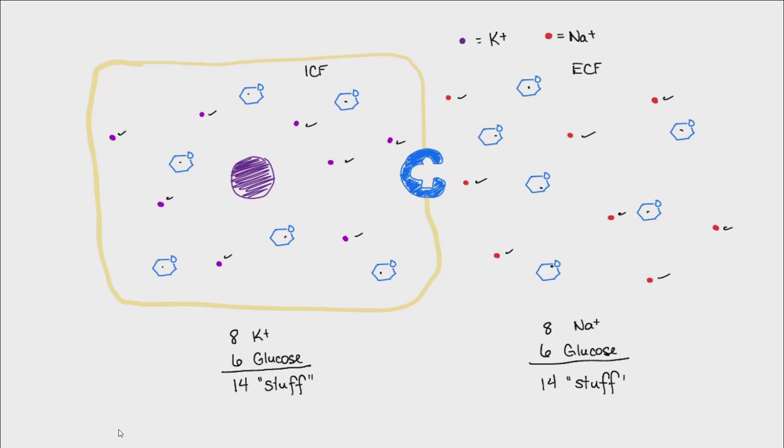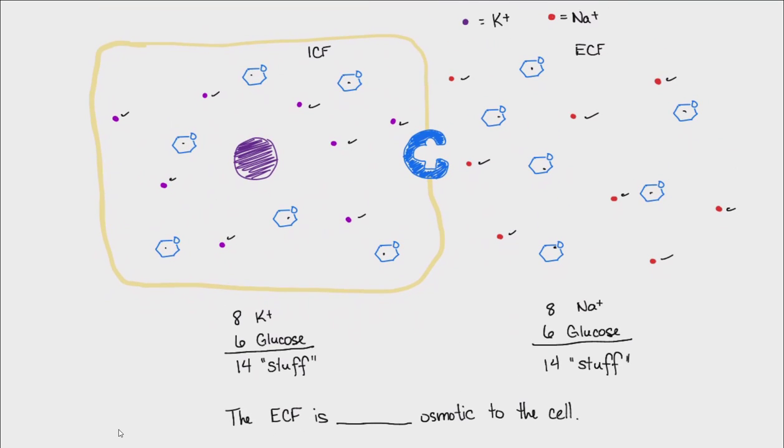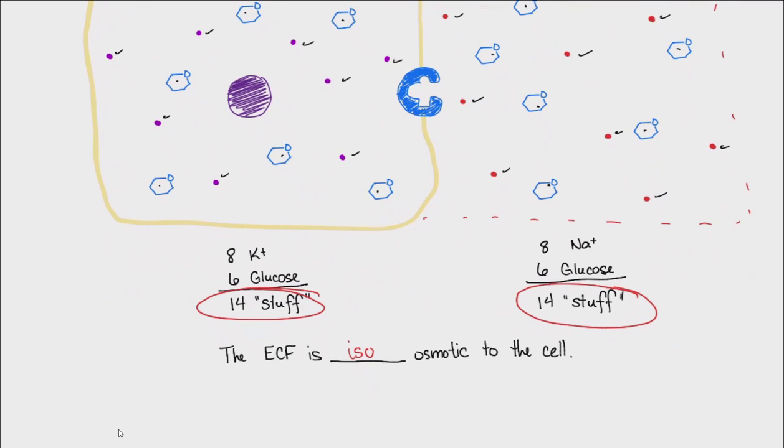So if I ask you to fill in this sentence, what are you going to say? And your correct answer is iso, because there's 14 stuffs in approximately the same volume of space, so that's the same concentration of stuff, and 14 stuff in here. But now I'm going to ask you to predict which way water will move, if any.